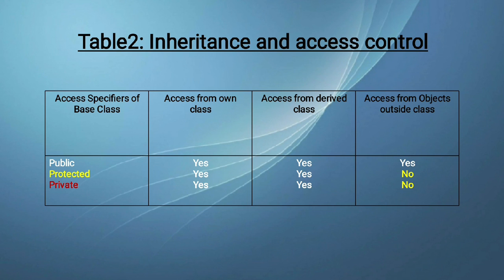Access from the derived class is also yes, provided you have public member functions, but the objects cannot access the private members. For access from objects outside the class, the object is not able to access the private members at all. Only through the public member functions will it be able to access the private members.